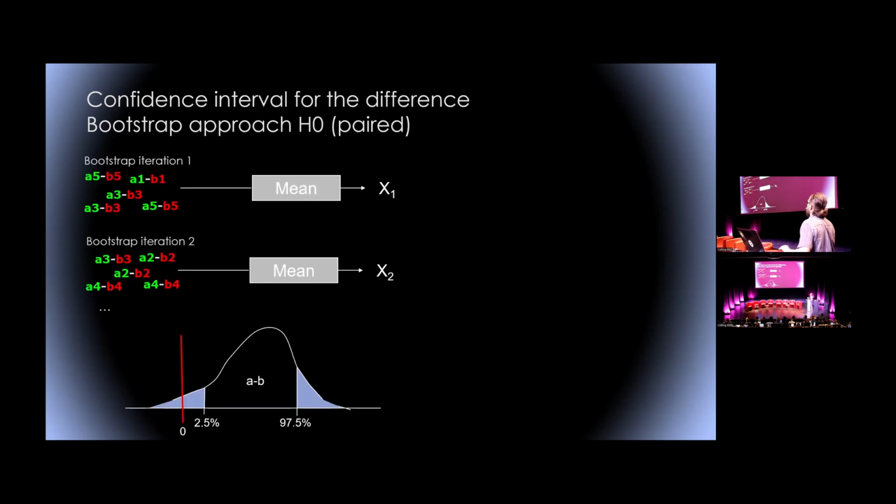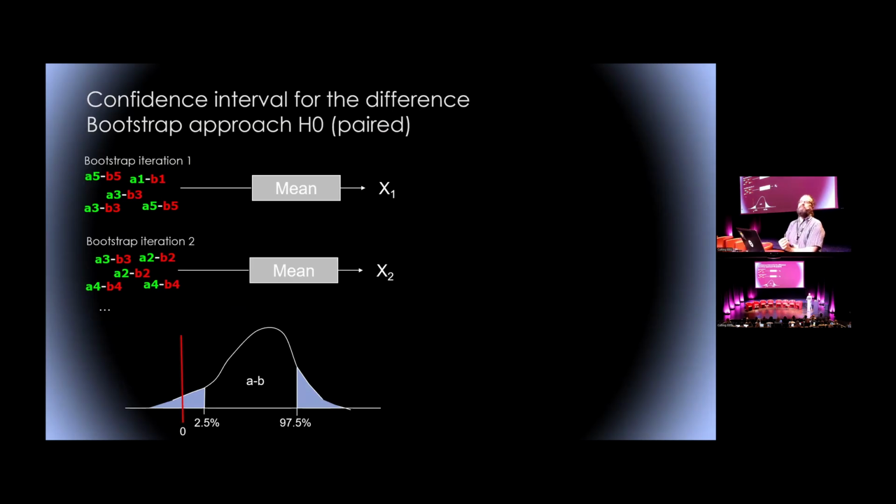And again, as before, this is bootstrap iteration number 1. Again, we can take twice the same value. Here A3 minus B3 is there twice. We take the mean of the differences in that case. We get our distribution, and we assess whether 0 is in the tail or not.